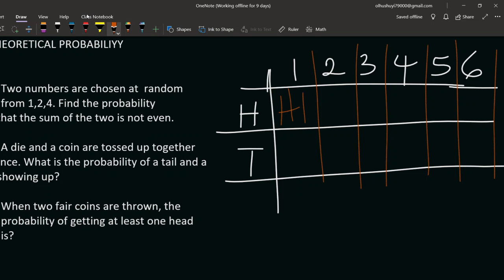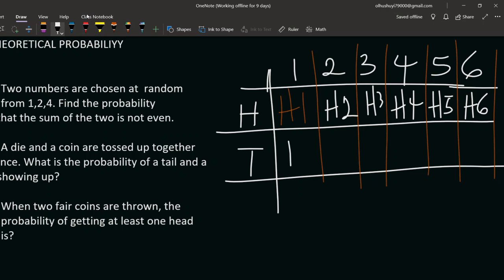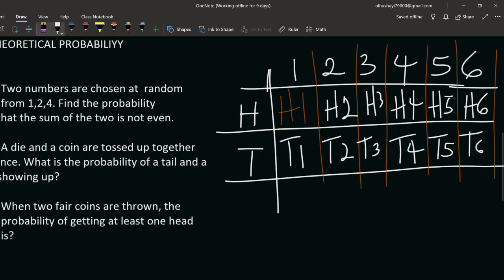We have H1, H2, H3, H4, H5, H6, T1, T2, T3, T4, T5, T6. You see that?